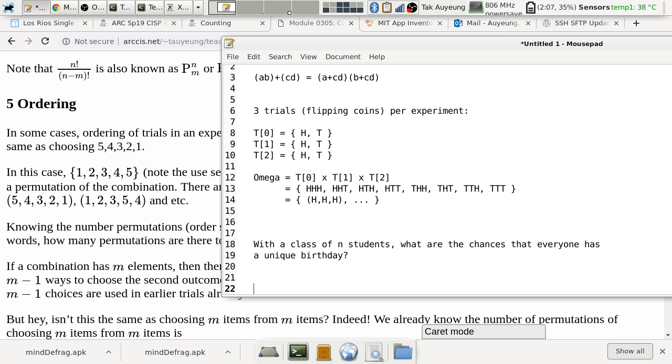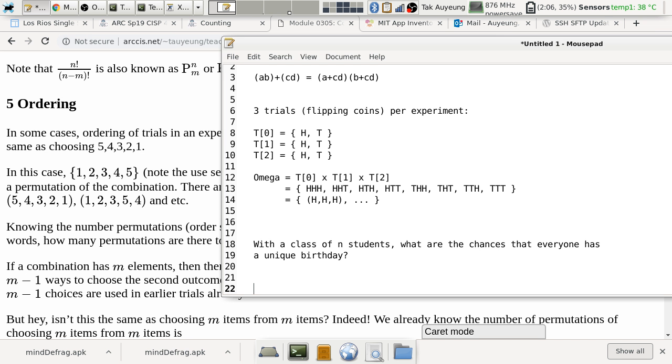I'm looking at the problem in a different way: here's a box, 365 items in the box, all unique. Each person in the class comes around and takes one item out of the box, but does not put it back. It is without replacement. And my question is, how many ways can we do this?